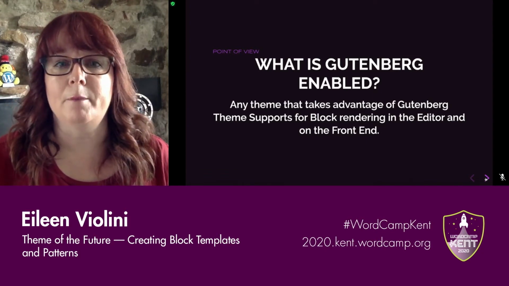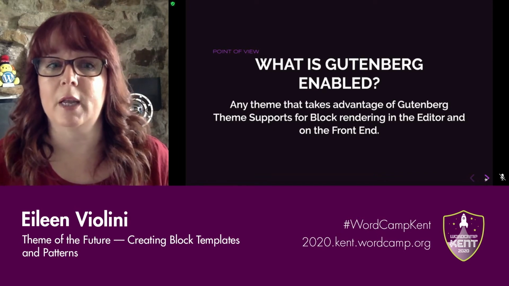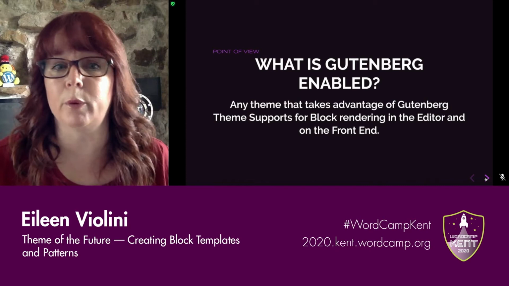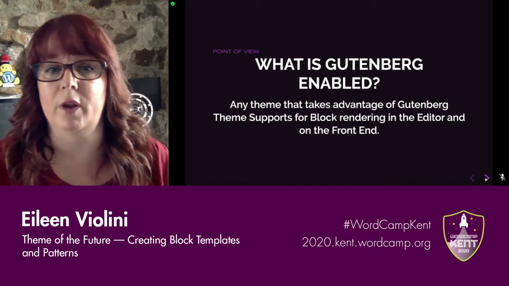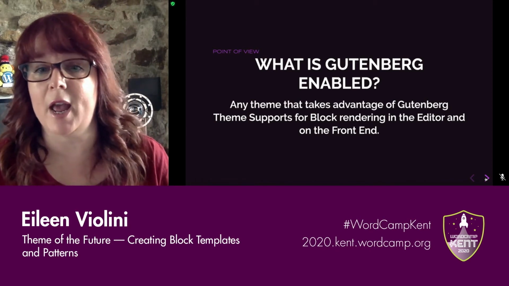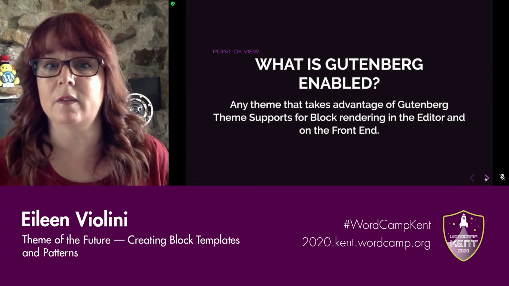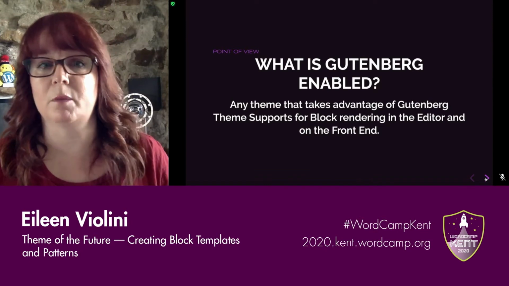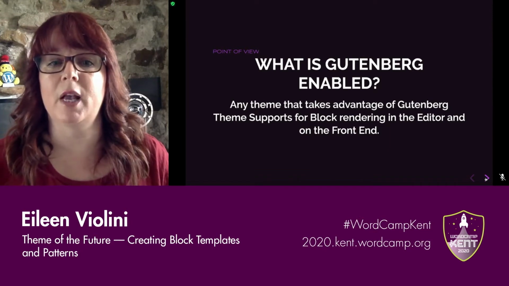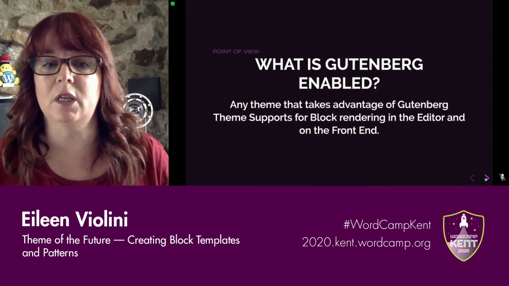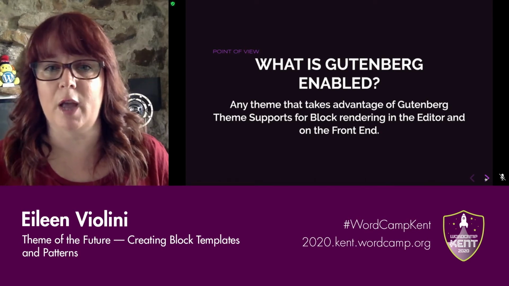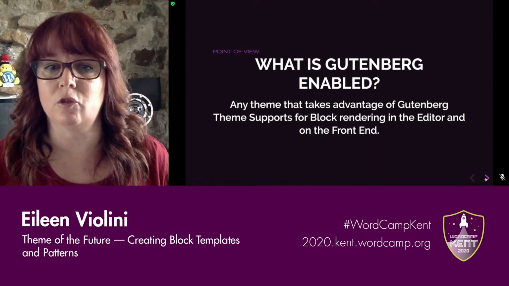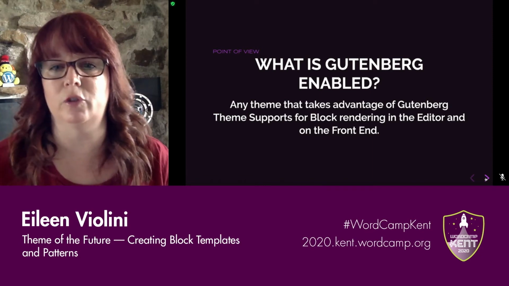So I'm using the term Gutenberg enabled to mean anything that takes advantage of Gutenberg theme supports for block rendering in the editor and on the front end. And that's a really key concept, because today we're not designing just something for the front end. We're bringing a parity between what we see in the editor window and the front end of the screen, so that there's not as many questions in terms of what things are really going to look like.